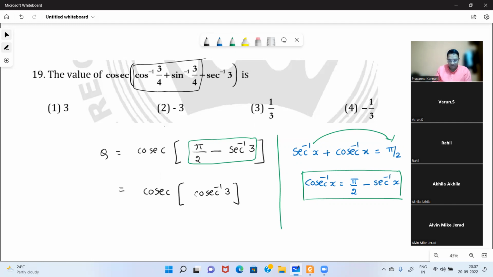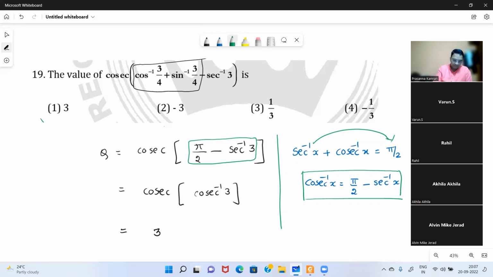And what is cosecant of cosecant inverse 3? Cosecant and cosecant inverse will get cancelled, in the sense they are inverse functions. So cosecant of cosecant inverse 3 will be 3. Correct? So what is the answer? 3. Clear to you? Yes, sir. You can take it down.